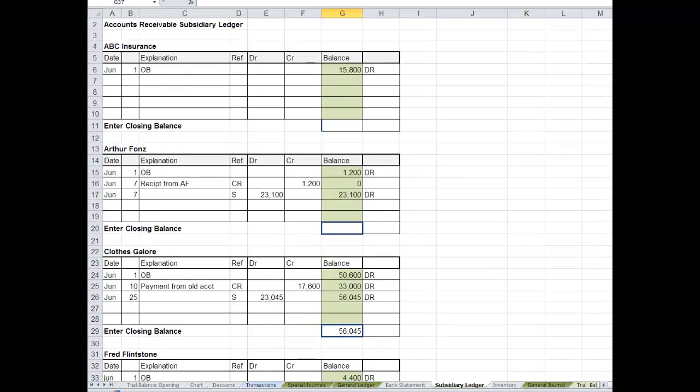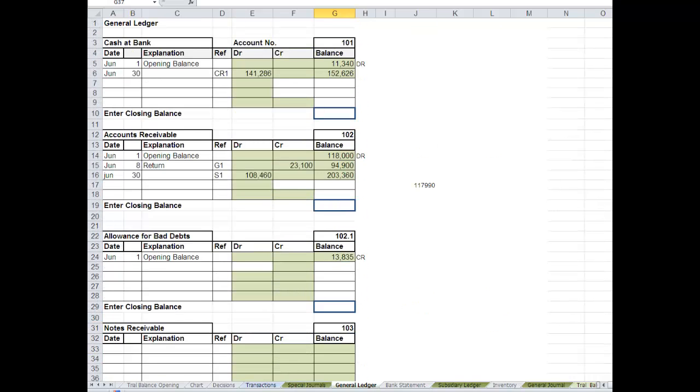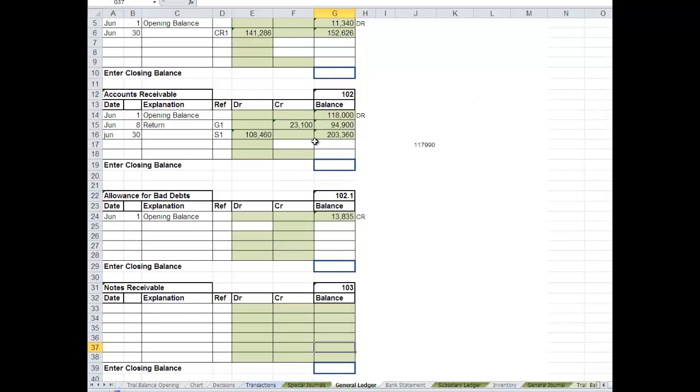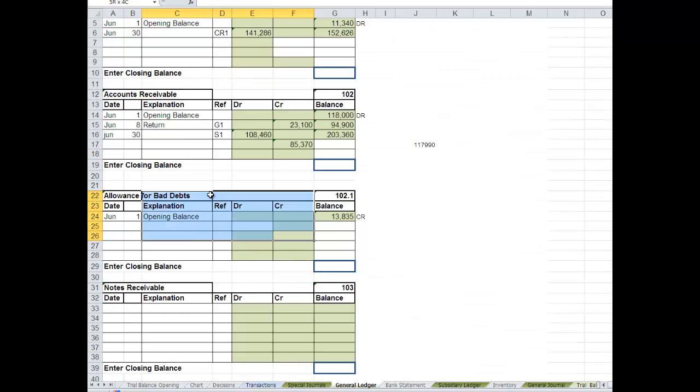Now, the quickest way to do this will be just to print off the ledger, the special journals, and come and paste them straight in here. So you just write the numbers in. 85,330, June 30, CR1, and it's 102.